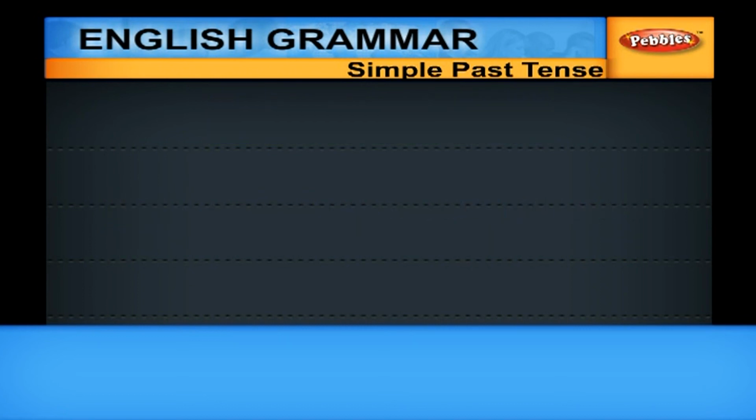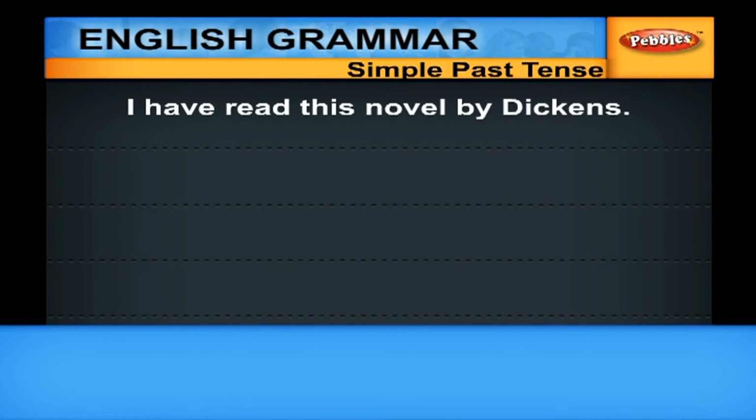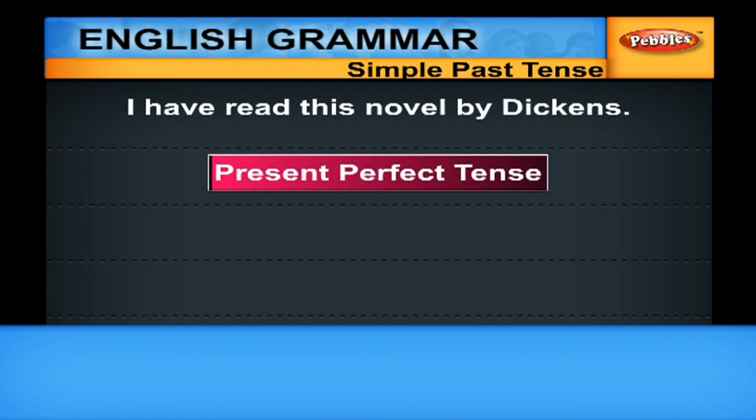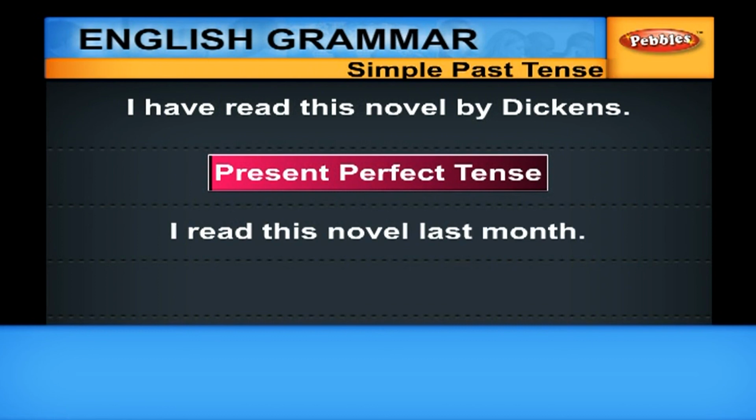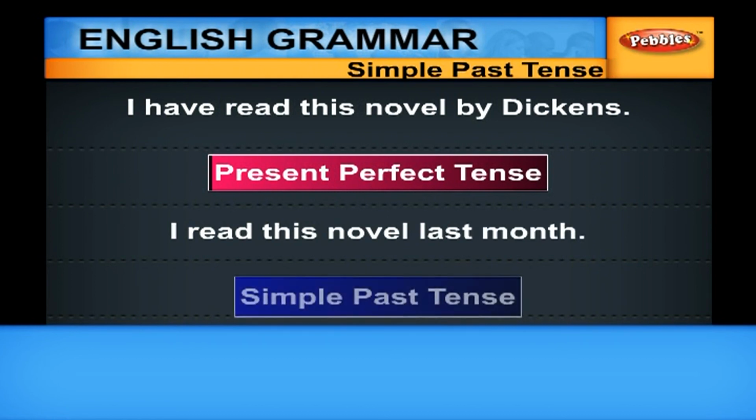We can say, I have read this novel by Dickens. It's in present perfect tense. Don't you think so? You can also say, I read this novel last month. This sentence is in simple past tense. It is as simple as that.